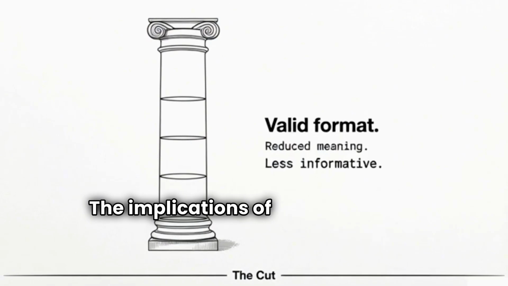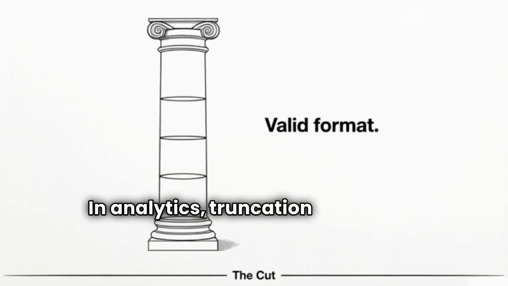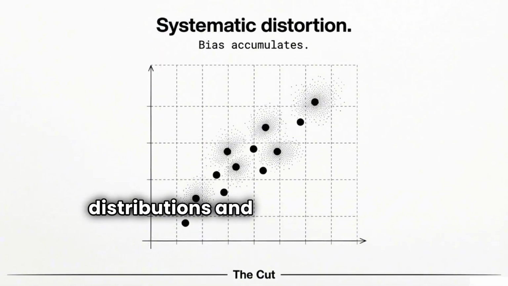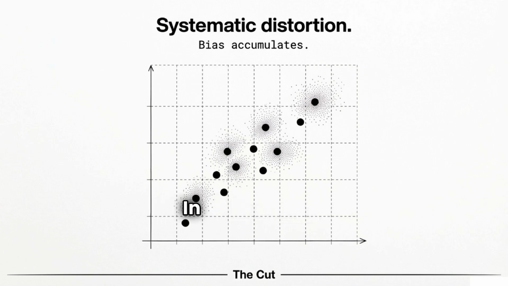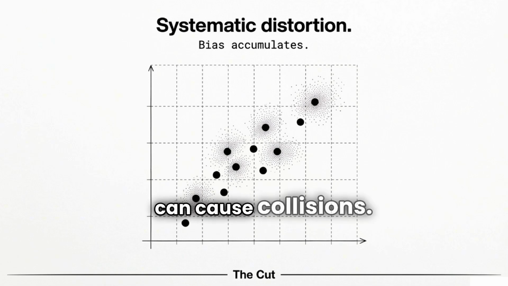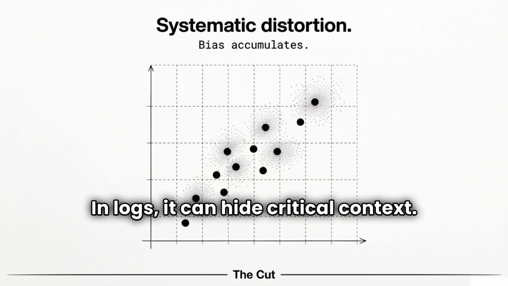The implications of truncation are far-reaching. In analytics, truncation can distort distributions and bias aggregates. In finance, it can systematically understate values. In identifiers, it can cause collisions. In logs, it can hide critical context.